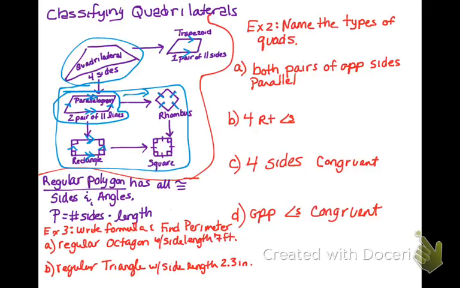Okay, so let's go to example 2. It says, name the types of quadrilaterals. I just didn't want to spell it out. So, you have to name all of them that have both pairs of opposite sides that are parallel. I'm guessing there are going to be 4 that have both pairs of opposite sides parallel.